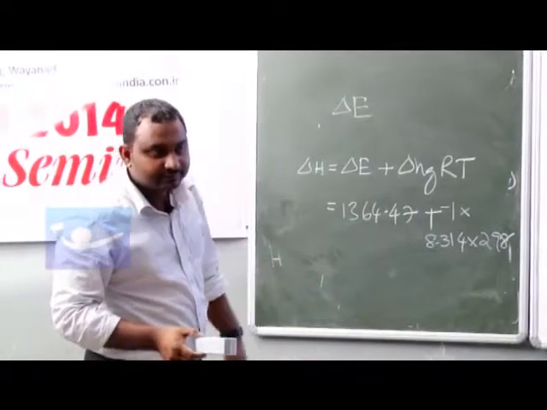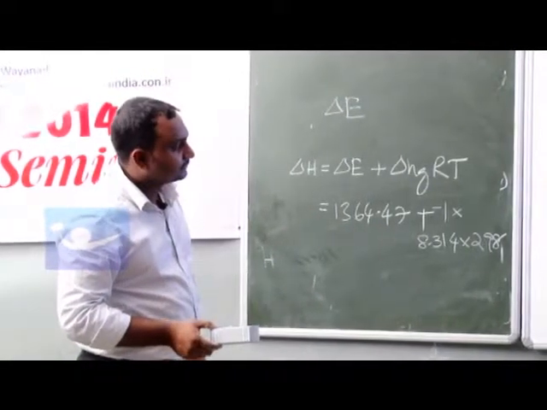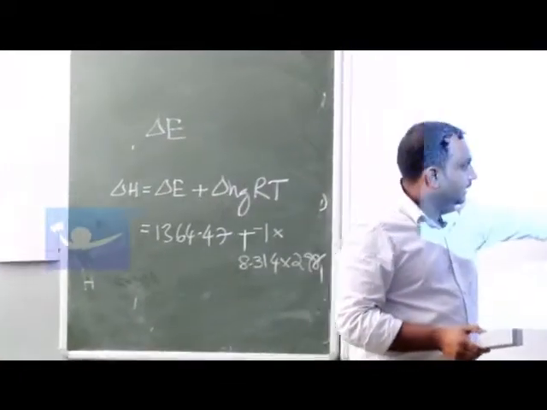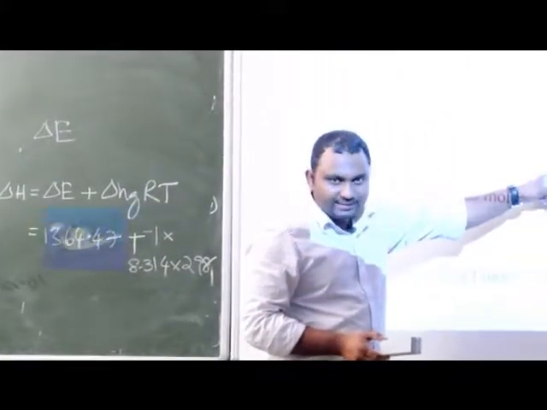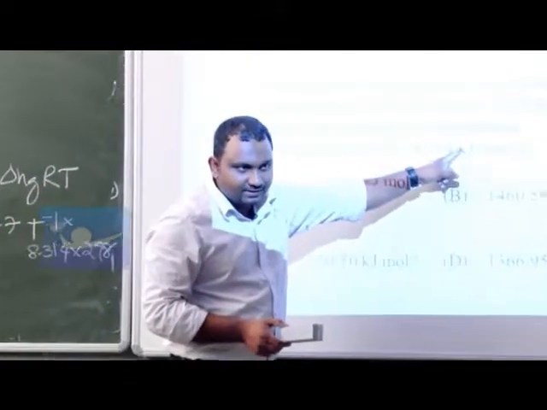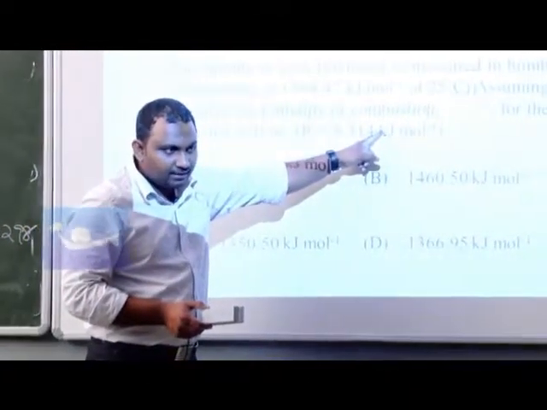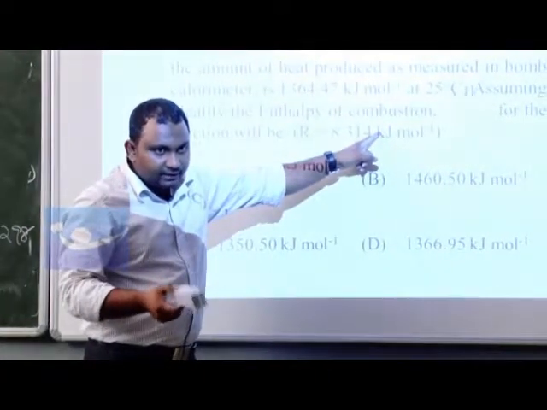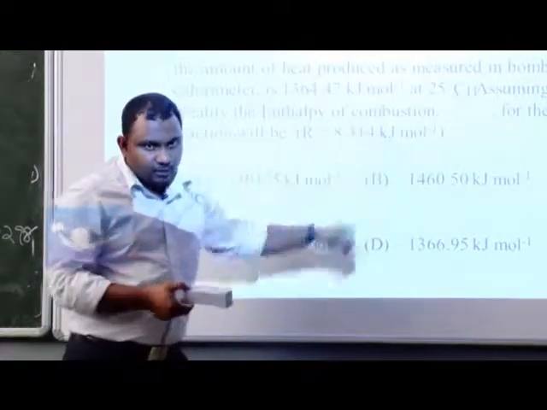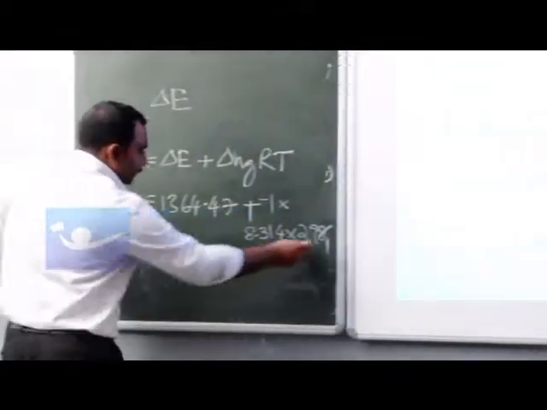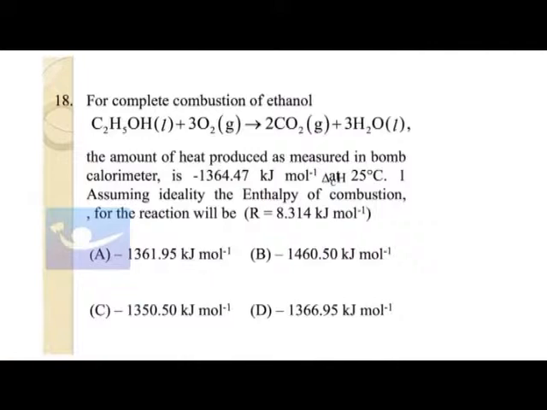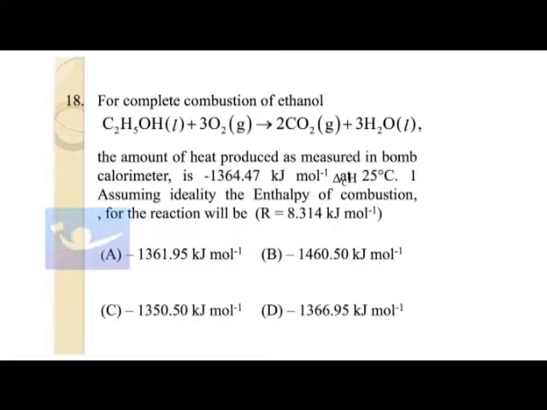You find out. 8.314 kilojoules per mole. Here the problem is this K you have to forget, because what is the unit of R? R is equal to 8.314 joules per mole. So what you have to do, you have to divide this by 1000, then it will be in kilojoules.